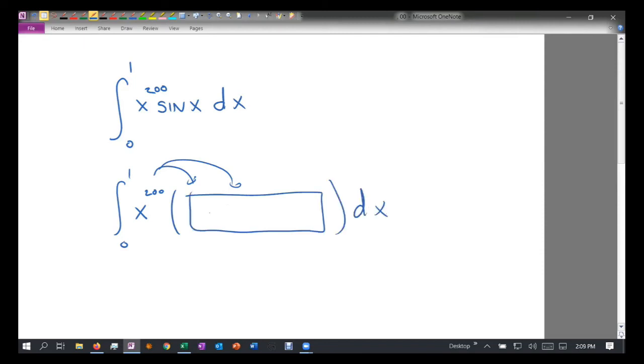Does that make sense? And if that's not good enough, so you would have, I think it would be 1/120 x to the 5th minus 1/6 x to the 3rd plus x. That would be if you went out to a 5th degree polynomial for sine. But that's still something you could integrate, right?